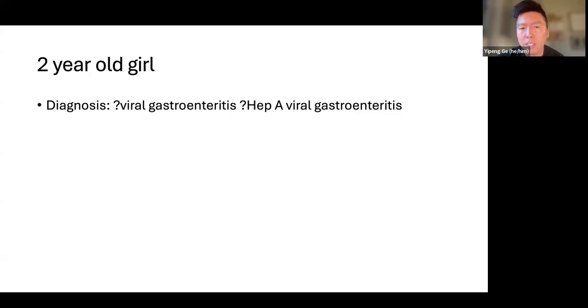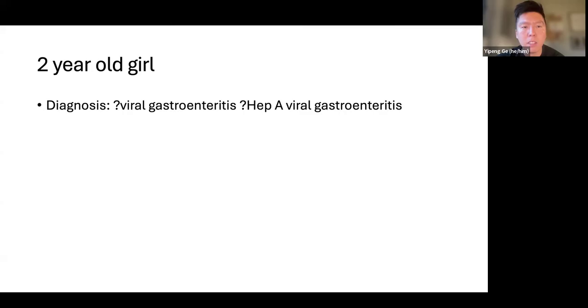Sometimes on the physical exam, you might see things like jaundice, yellowing of the skin, yellowing of the whites of the eyes, and it's a self-limited condition, and same with viral gastroenteritis in general, especially with such a short history and picture of the diarrhea.